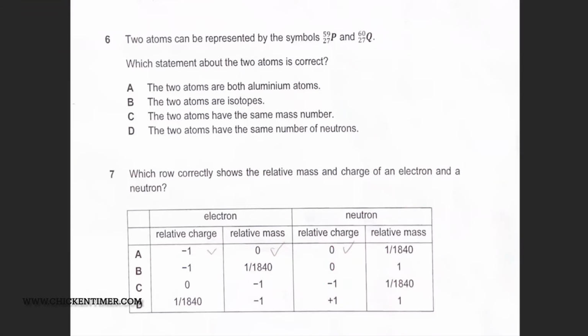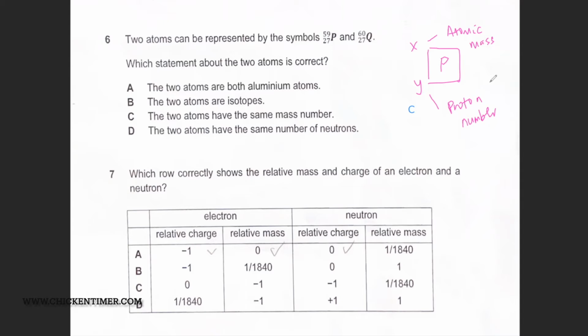Back to the old symbols again. Which statements about the 2 atoms are correct? So in your case, let's put X and Y. The big number is the atomic mass, or mass number, and the small number is the proton number.